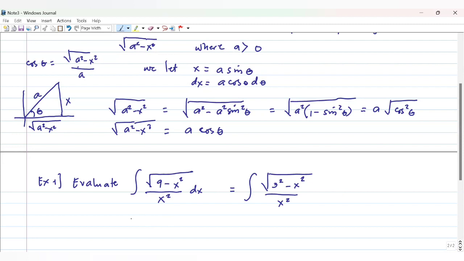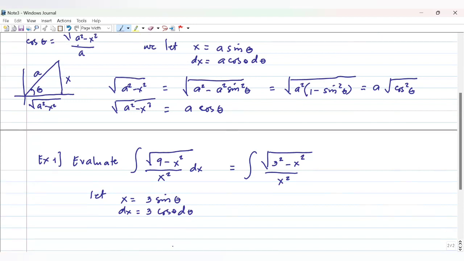So we let x is equal to 3 sine of theta, such that your dx is equal to 3 cosine of theta d theta, right?